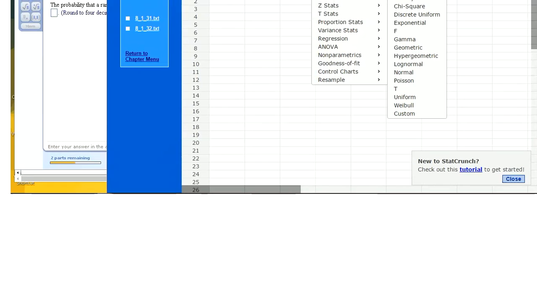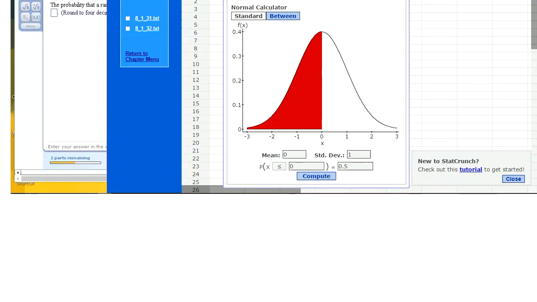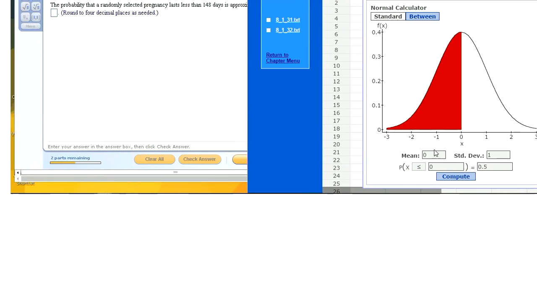So it's under the calculators, again, stat calculators, normal. And I just have to put in the mean and the standard deviation. Let's move this a little bit to the left so we can see both. Okay, the mean is 151.